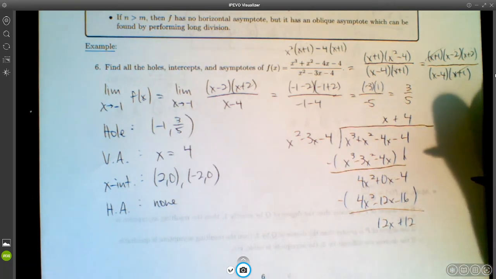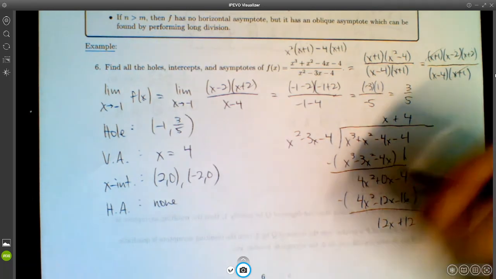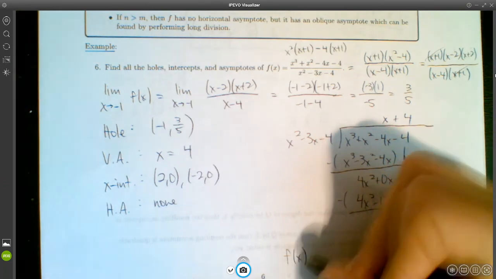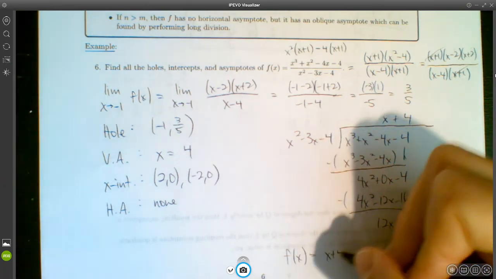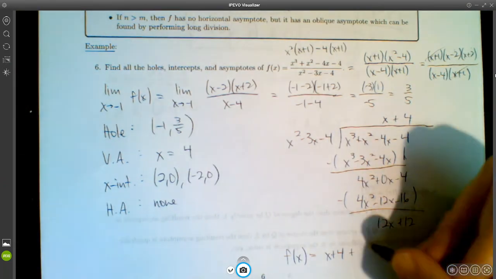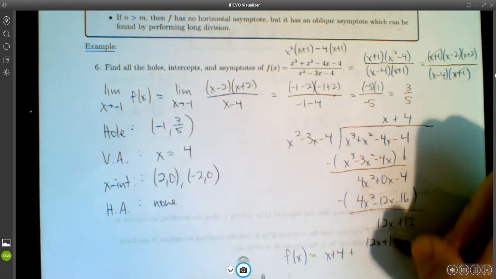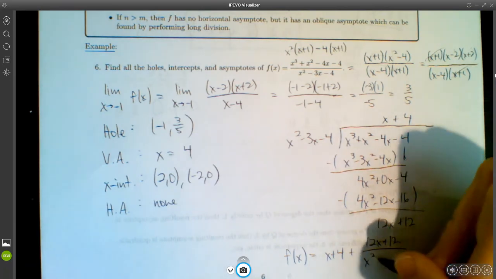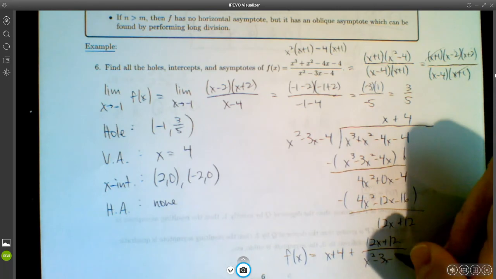Okay. So f of x is really x plus 4 plus 12x plus 12 over x squared minus 3x minus 4.